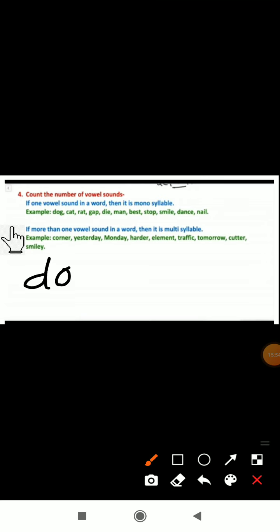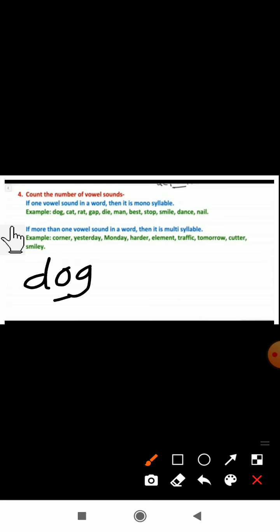Dog. We can take the first example and try to solve it. First, dog. What is the first rule? Check the number of vowels in the word. We found one vowel. Now second rule, whether they are together? No. Third rule, whether it is ending with e?